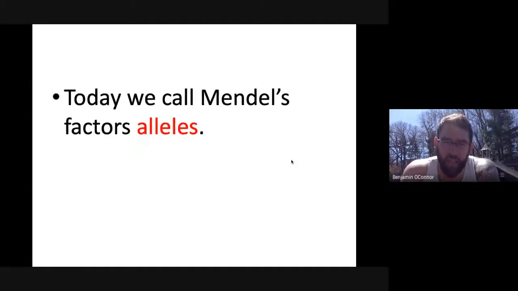So he did a couple of different vocab things, and we call Mendel's genetic factors alleles. This is when we start getting into vocab like dominant and recessive. For example, brown hair is dominant versus blonde hair would be recessive, so brown and blonde hair respectively would be two different alleles.